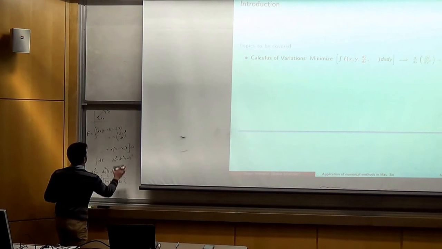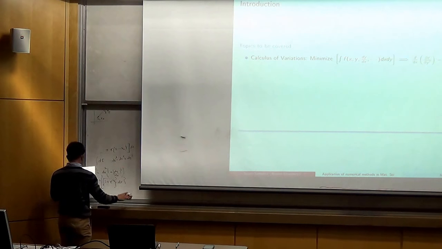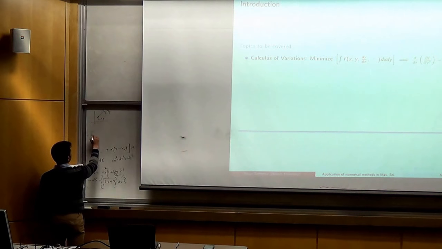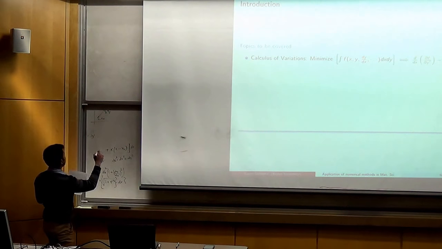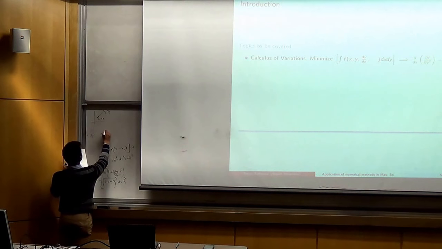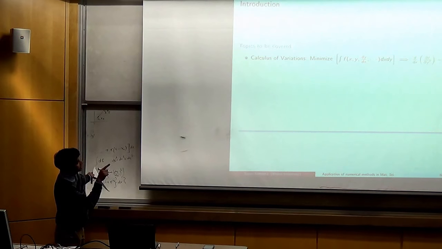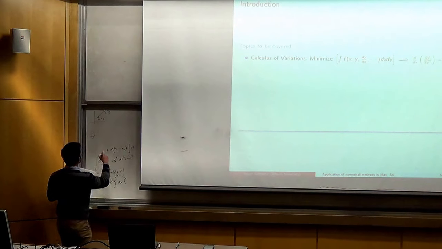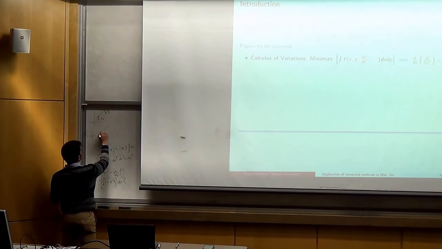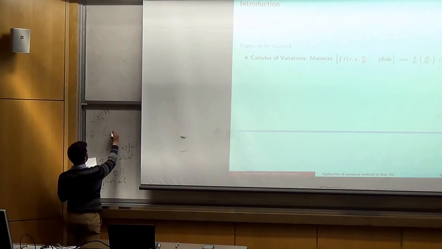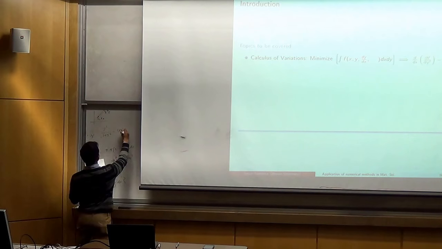Now, putting this in the Euler-Lagrange equation, what we get is del f by del y prime, the differential of this functional with respect to y prime, and d dx of that, which comes as y prime over the square root of 1 plus y prime square, which is equal to a constant.